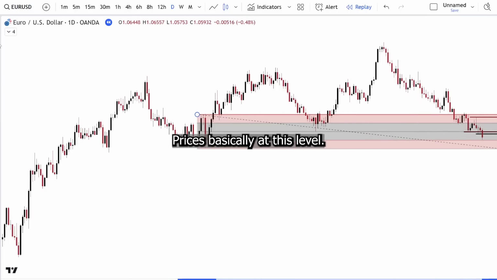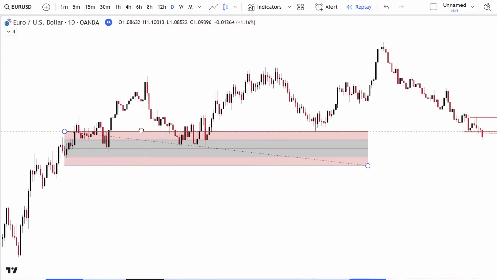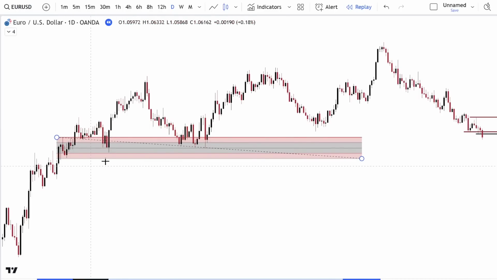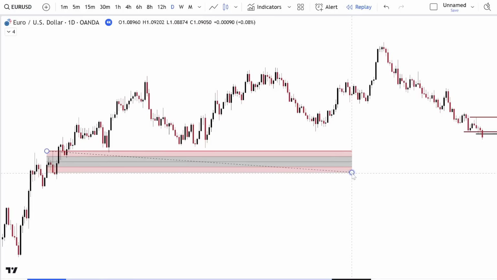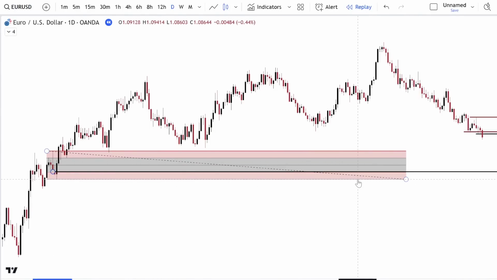Price is basically at this level. Let's look for a deeper one. Price already visited this level. Yep, this is a fresh discounted level.